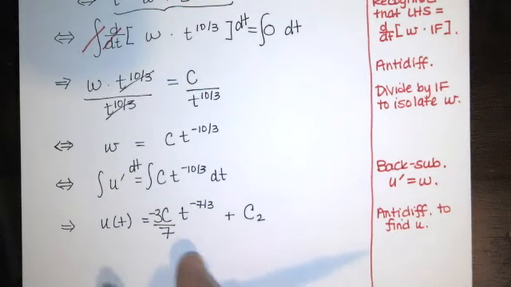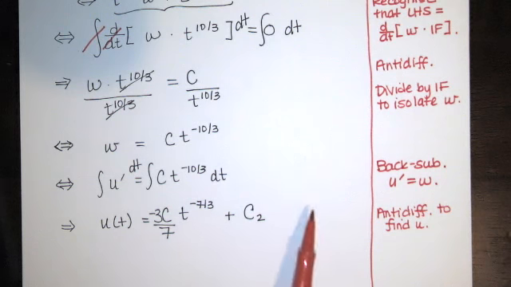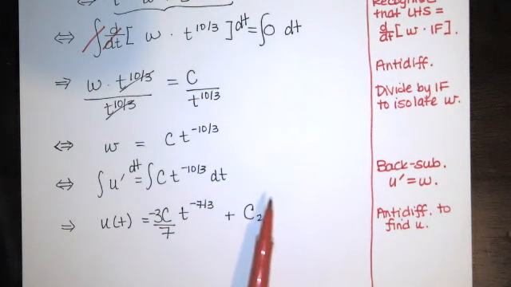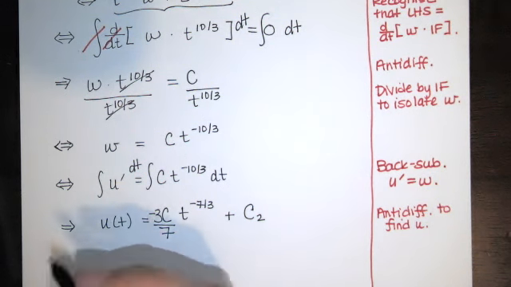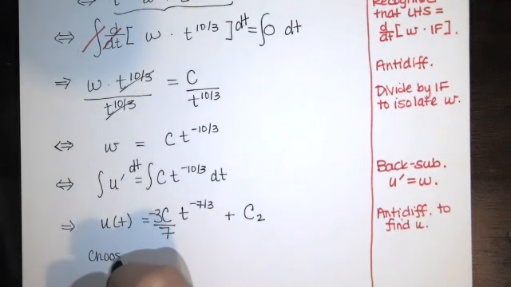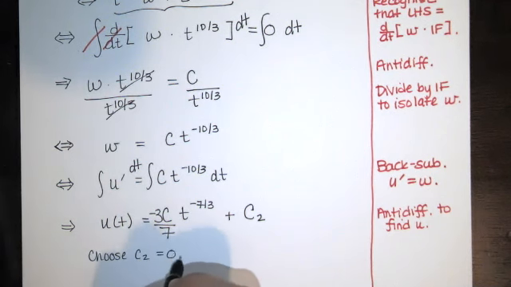So this is my u of t. If I take this quantity and multiply by y1, then I'd have this constant times y1 as part of my y2. And I don't need a constant times y1 as part of y2 because I will already have a constant times y1 in the general solution. So let's choose C2 to equal 0.